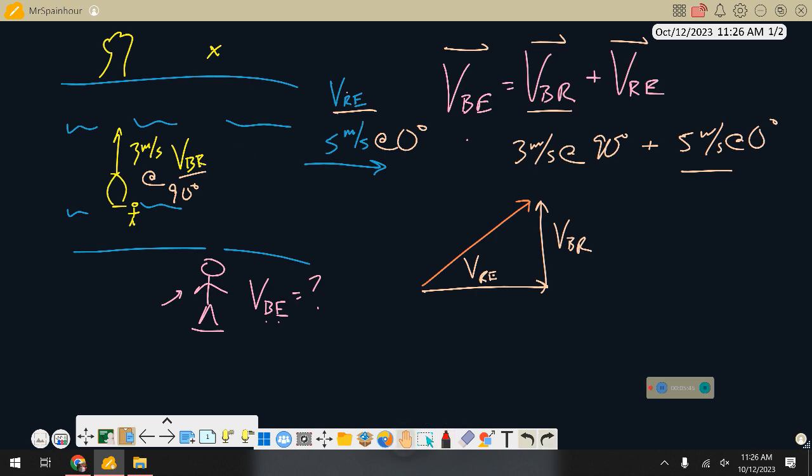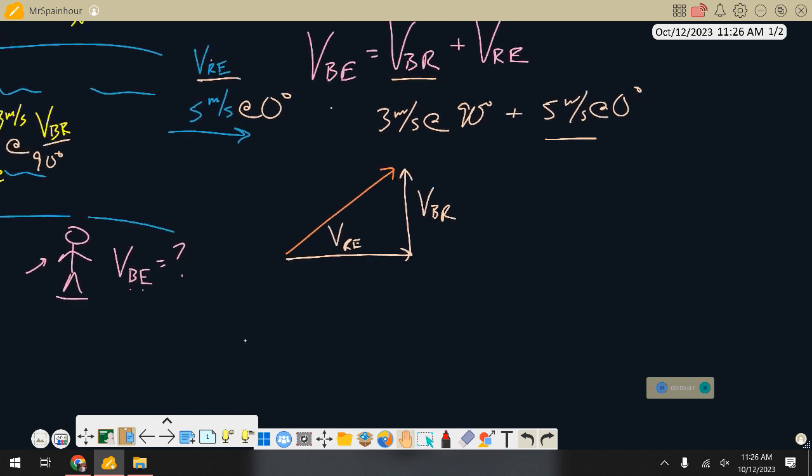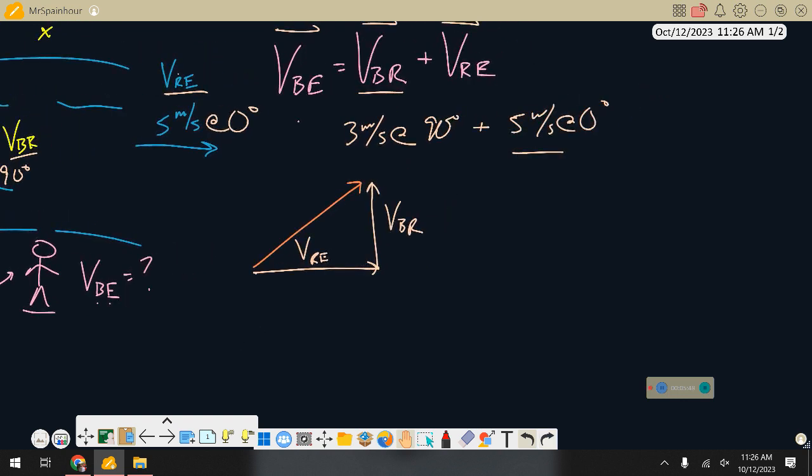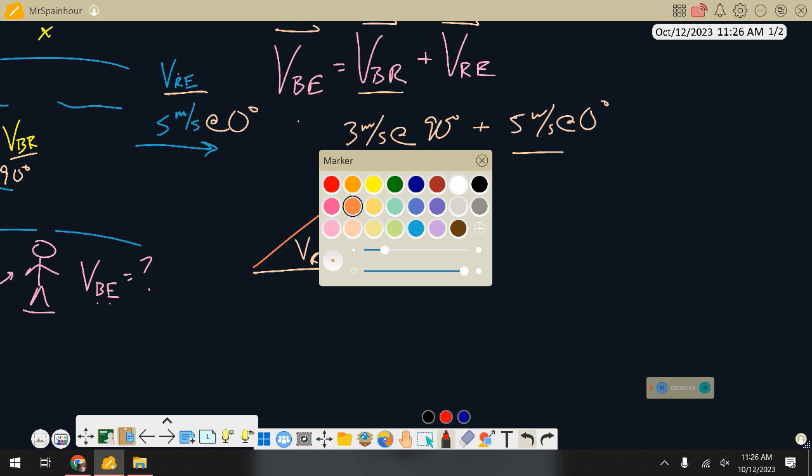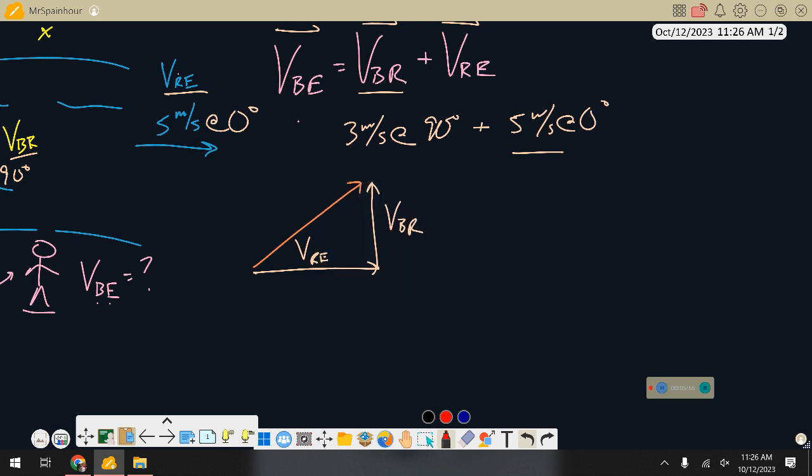So let's do the component vector addition real quick. Let's use a different color here. Let's use yellow. So we're going to use the velocity of river compared to Earth in the x, and that's easy. It's all in the x, so this should just be some basic trig here, positive 5 meters per second x hat.